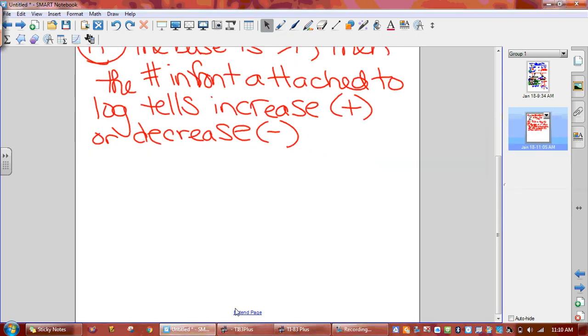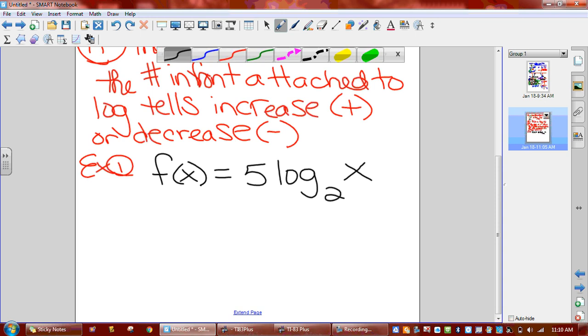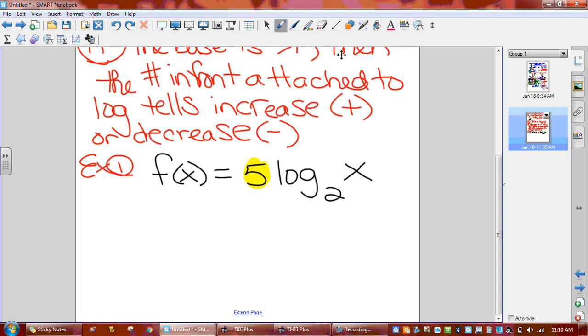Okay, so here's a couple examples. Example 1. F of x equals 5 log base 2 of x. So, without even putting this into the calculator, I'm going to look at two numbers. I'm going to look at the number in front, and I'm going to look at the base number.